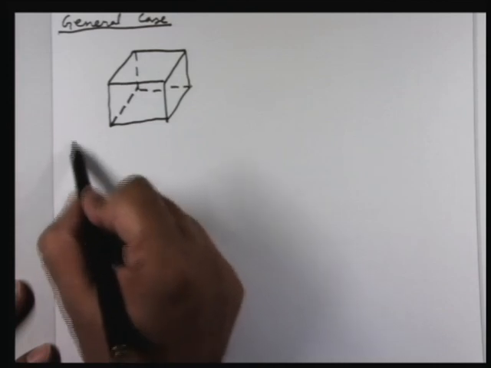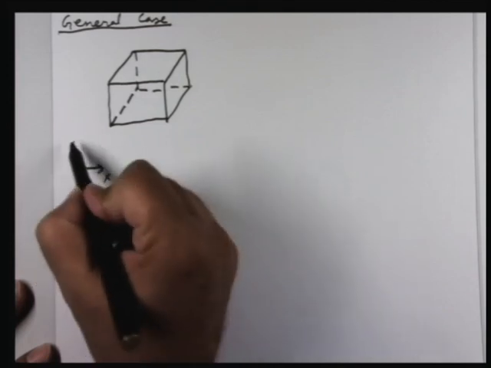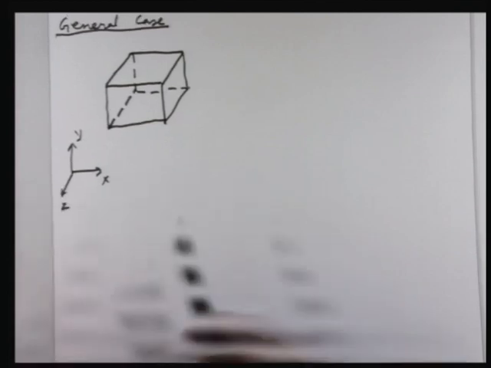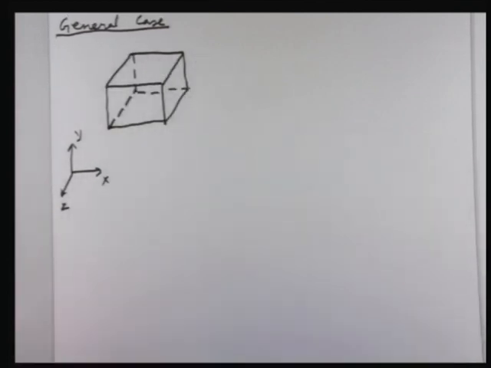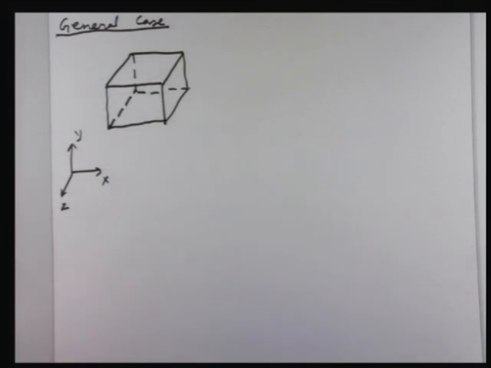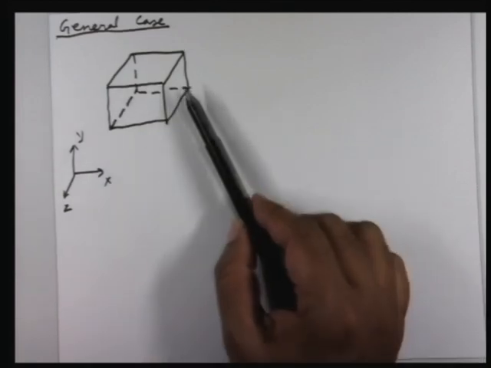So this is X, this is Y, and this is Z, let us say. This is the element of fluid. Now, we want the net pressure force on this. We'll find it in one particular direction and then you can write an expression in analogous fashion for the others. So let us say I want the force in the X direction.